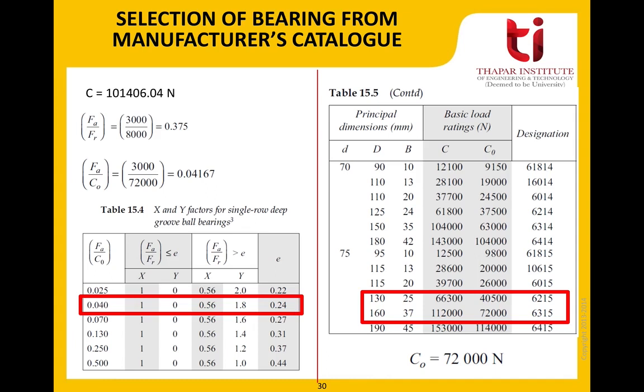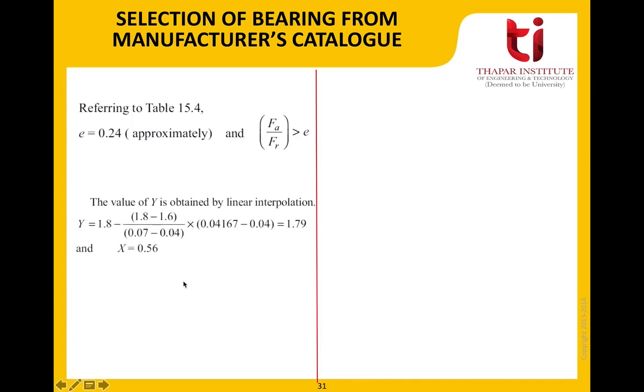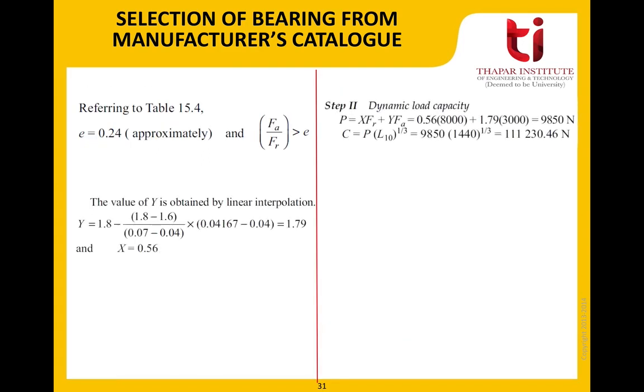And now we'll evaluate the actual, the proper value for the Y parameter, and we'll do it with the help of linear interpolation. Reason being, we know the value of Y at 0.04, but our actual value of the ratio FA by C0 is 0.04167.